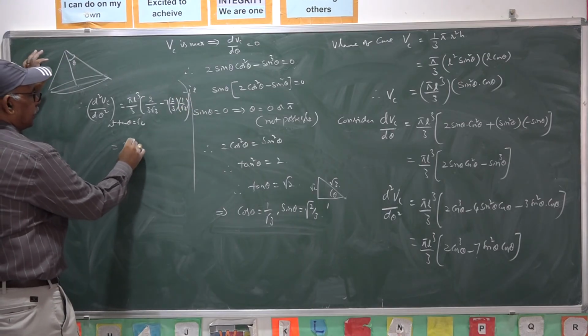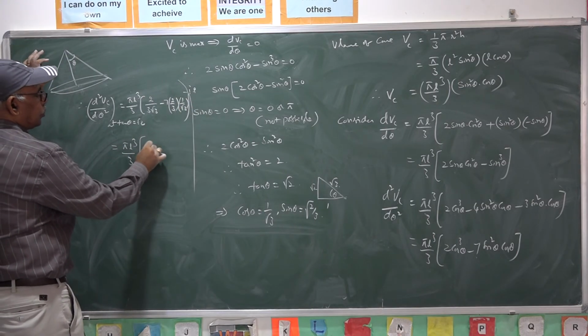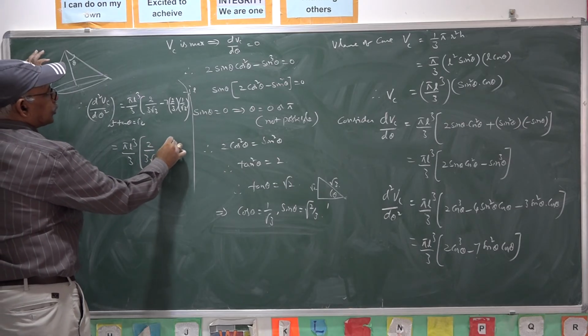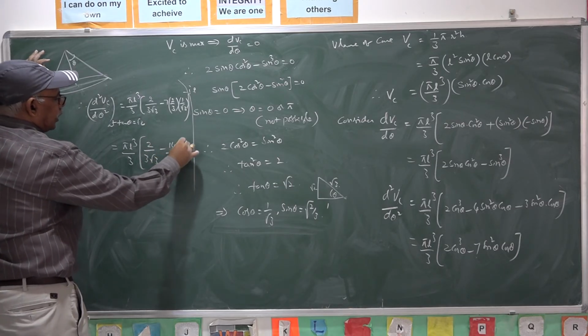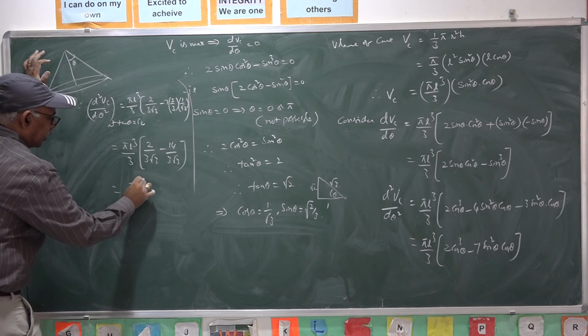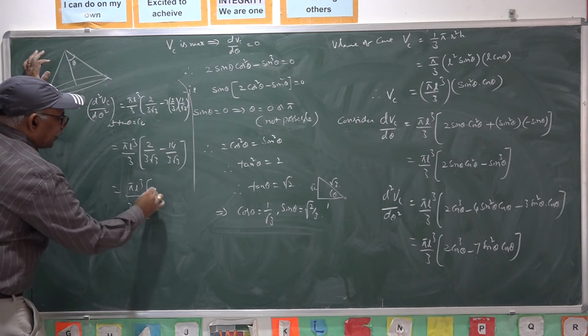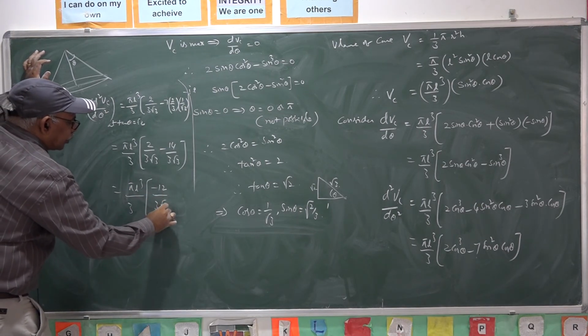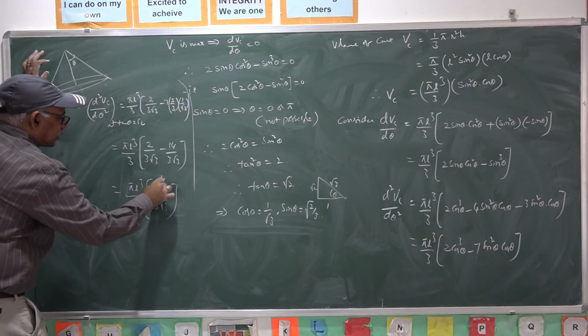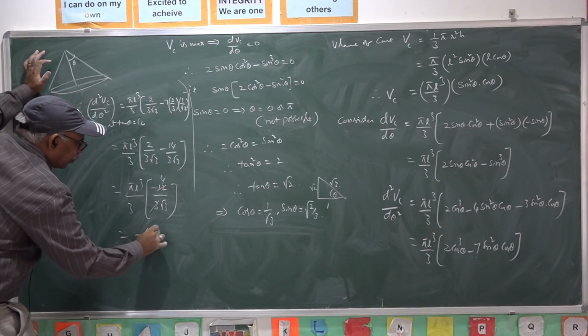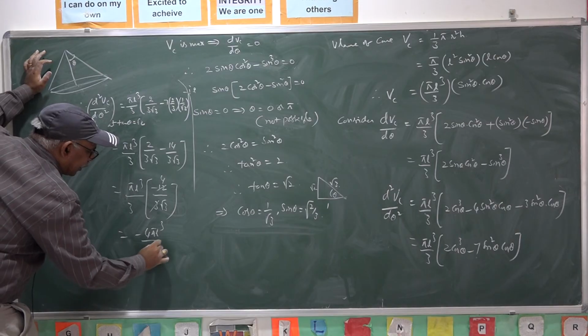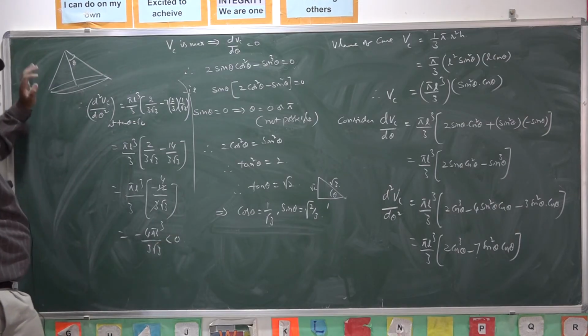So, that value is pi L cube by 3 into 2 by 3 root 3 minus 4 by 3 root 3. Clearly, pi L cube by 3 into minus 12 by 3 root 3, which is minus 4 pi L cube by 3 root 3, negative for given L.